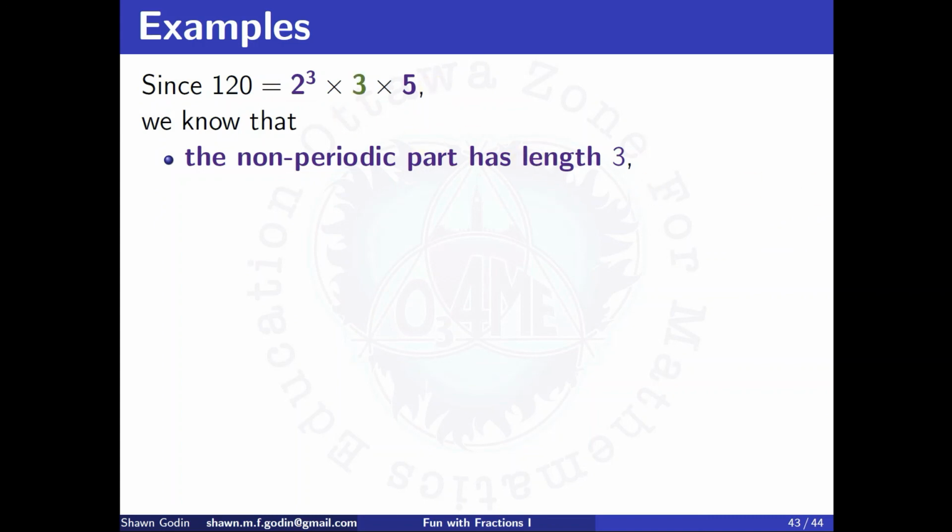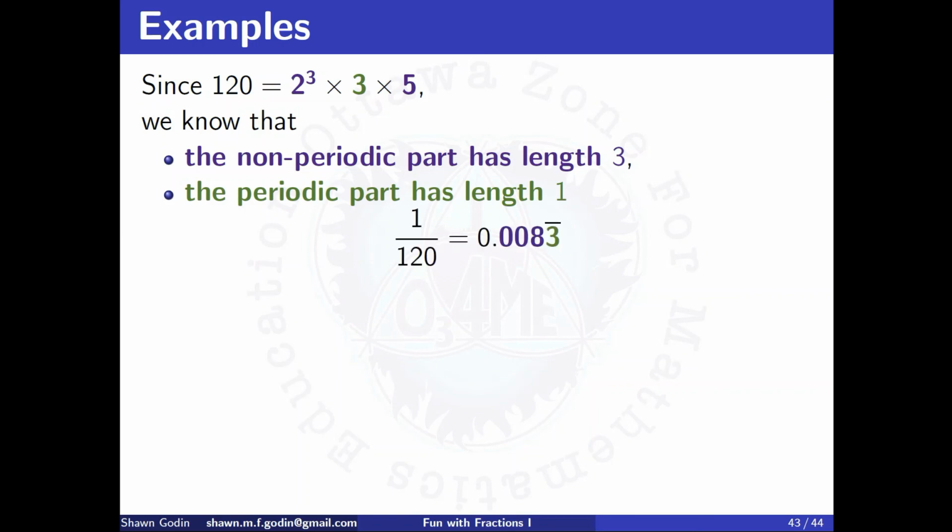The periodic part depends on 3, and it's going to have length 1 because the period of 1/3 has length 1. So we should start with 3 digits that aren't part of the repeating pattern, and then one digit that will repeat. If we work it out, we get 1/120 is 0.008, that non-repeating part, and then the 3 is the part that repeats.